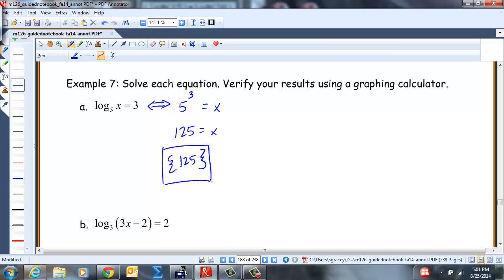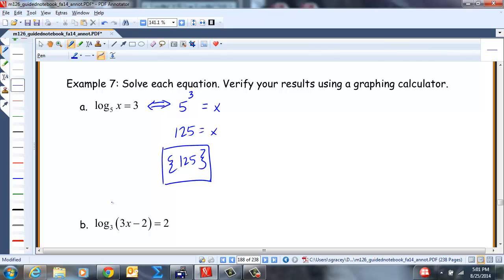Okay, so then to check using the calculator, what we would need to do, because you haven't really learned the change of base formula.